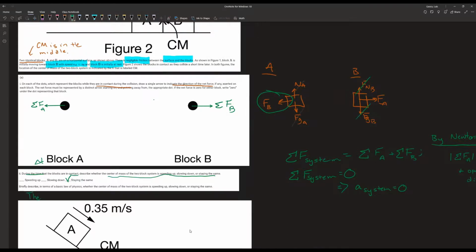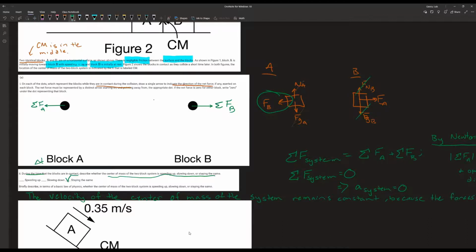So the velocity of the center of mass of the system remains constant because the forces in the collision, there's a couple ways we can say this.